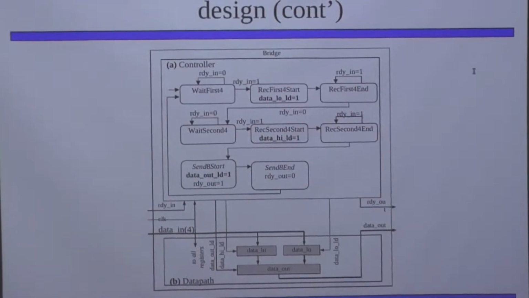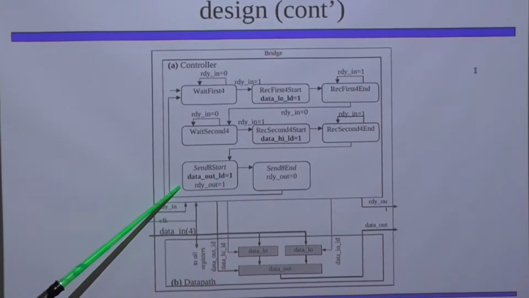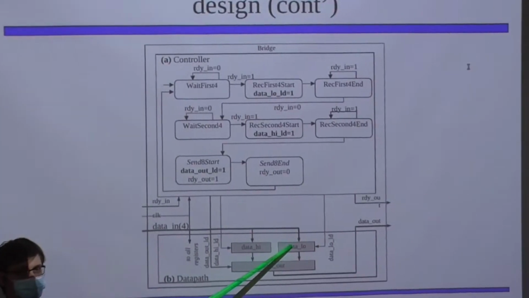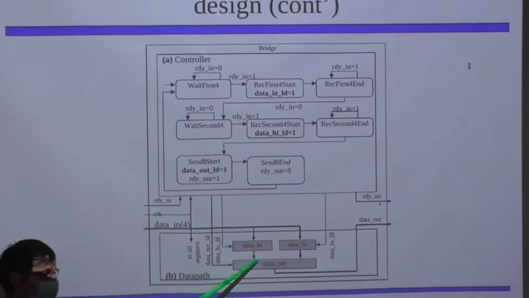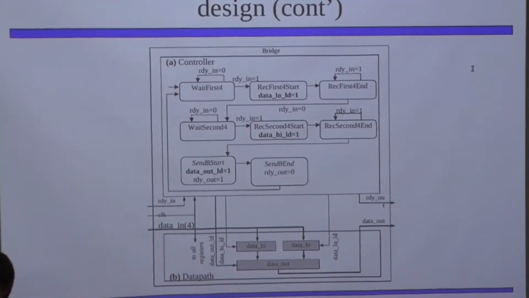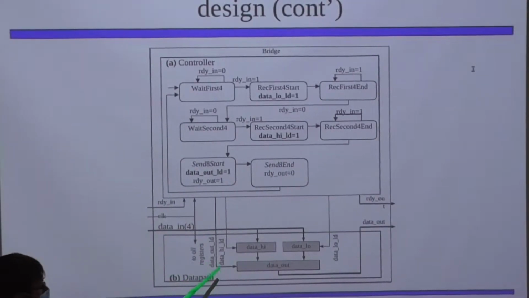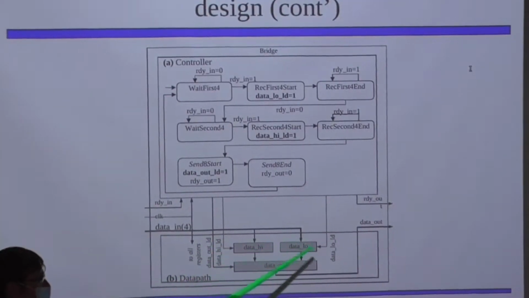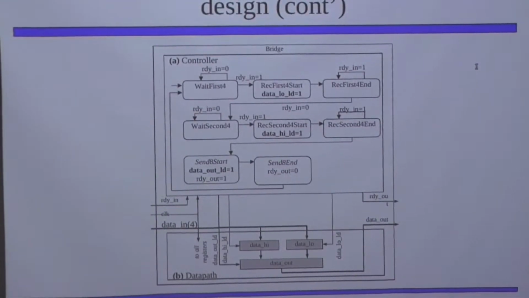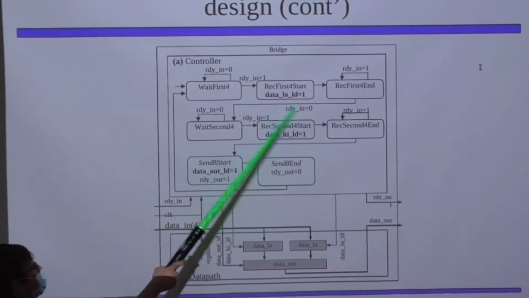So if we break this into the controller and data path, you'll see we have the high bit, the low bit, or I guess word, we'll call them word, the high word, the low word, and then the double word coming out, with a word size of 4. That means that we have 3 control signals, one for each one of these registers. These control signals are, of course, being controlled by the controller.